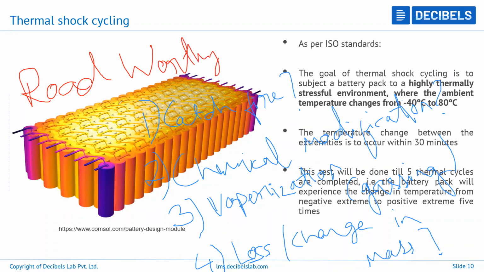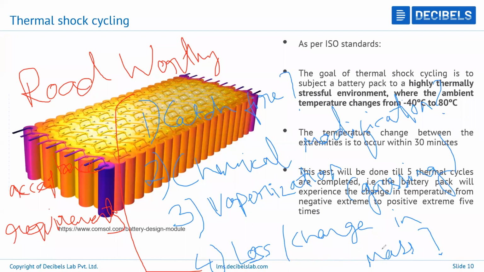And these are what are called acceptance requirements. Once this complete set of tests is performed, the analysis of all of these is noted, whether any of these events are occurring.